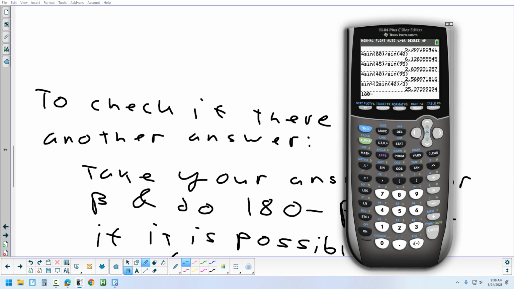180 minus, and since I still have the last answer on the screen, I can just press second and press the negative sign. So if there's another answer, that's what it is, 154.626. Now, I'm not going to write that down as an answer.